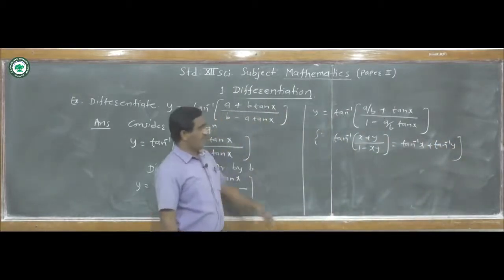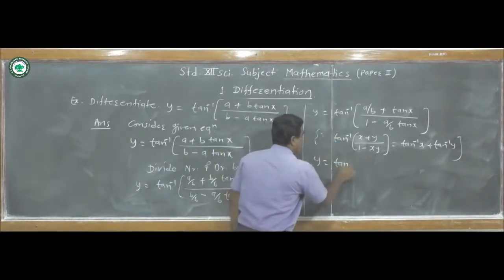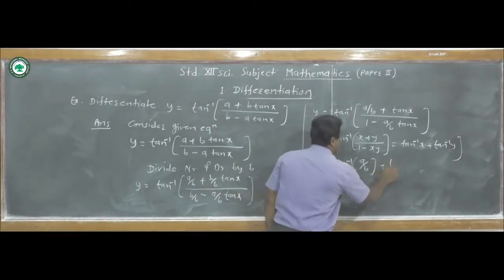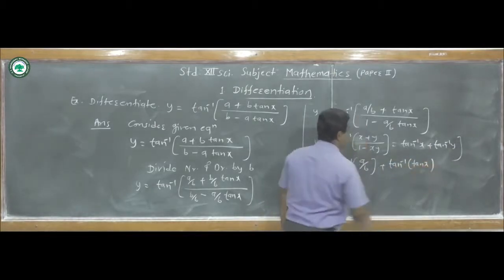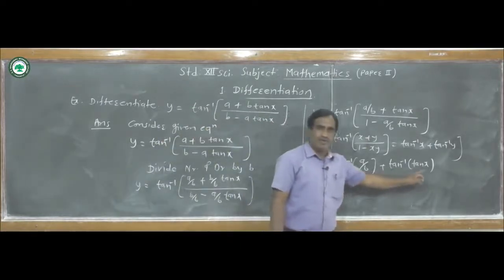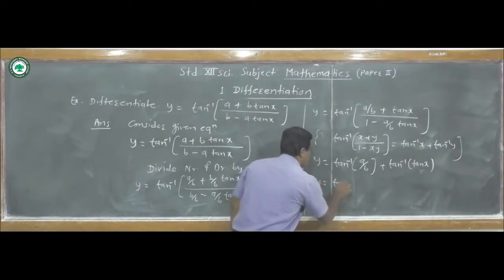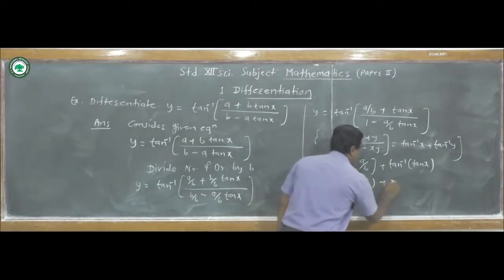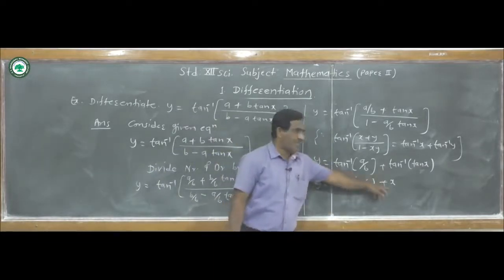Using this formula we can write the value of this. y is equal to tan inverse of a upon b plus tan inverse of tan x. Now we use the formula here, tan inverse of tan x is equal to x. Therefore y is equal to tan inverse of a upon b plus x.